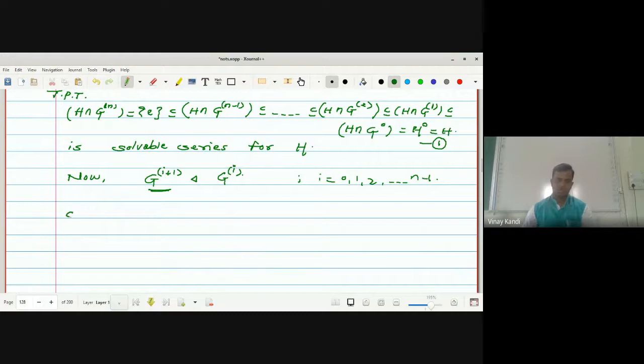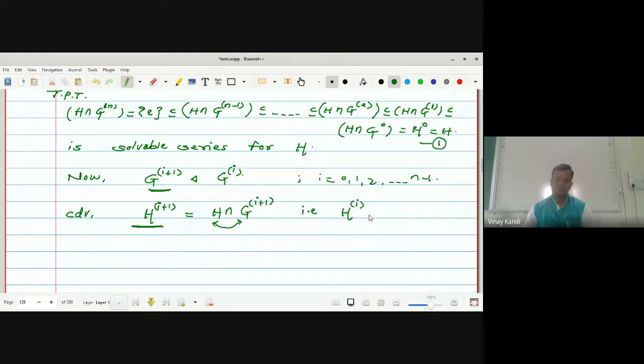Okay, now consider H raised to i plus 1, that is the (i plus 1)th derived subgroup of H, which is equal to H intersection the (i plus 1)th derived subgroup of G. The ith derived subgroup of H is nothing but the intersection of these two subgroups, the (i plus 1)th derived subgroup of G intersection H. That is H raised to i.